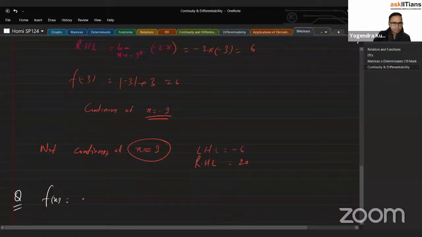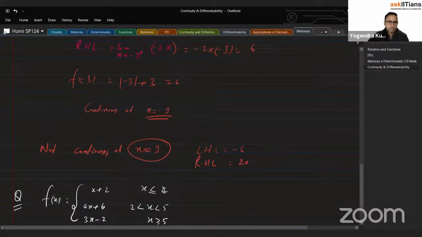F of x is given as x plus 2, ax plus b, and 3x minus 2. Here, x is less than 2, x is greater than 2 and less than 5, and x is greater than or equal to 5, right?